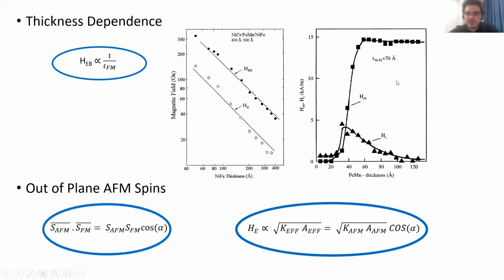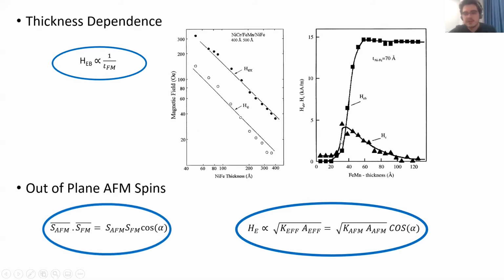If you go below this thickness, the exchange field decreases drastically. You see this part, which decreased drastically.